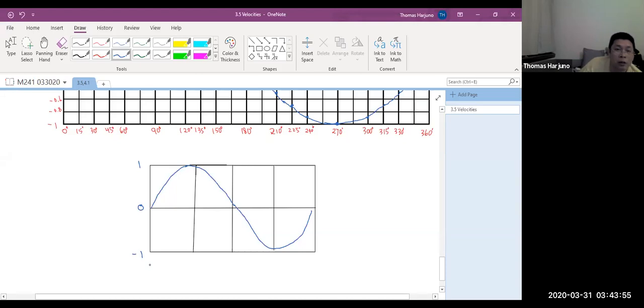The sine graph will go one cycle at 360 degrees or 2 pi. The first quadrant is from 0 to pi over 2, the second quadrant from pi over 2 to pi, the third quadrant from pi to 3 pi over 2.